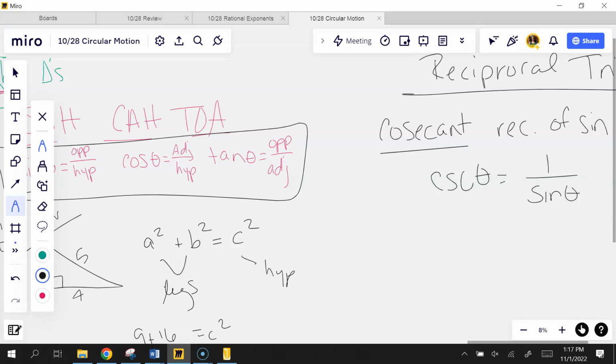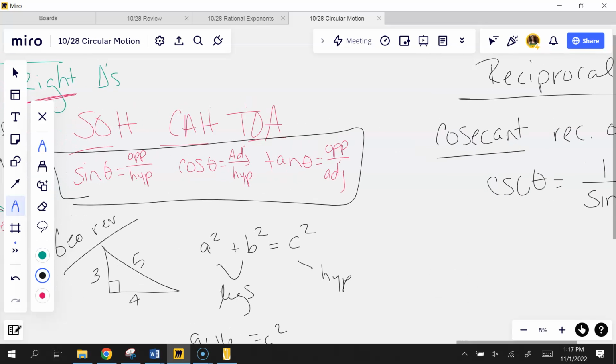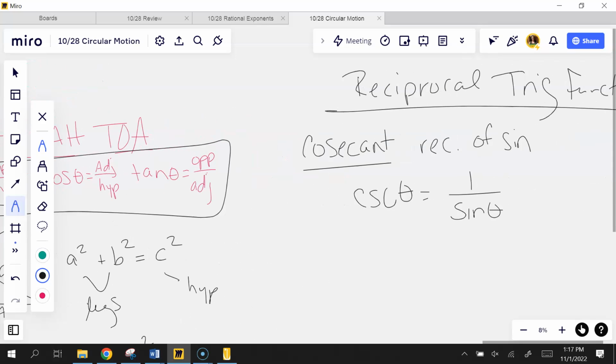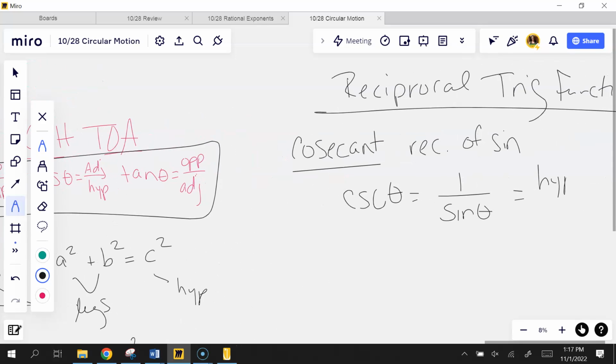If it's 1 over sine theta, think about what reciprocal means: look at what sine is and flip it. Now, everybody always wants to put cosecant and cosine together, but they don't go together. Cosecant is the reciprocal of sine. This is the abbreviation CSC.